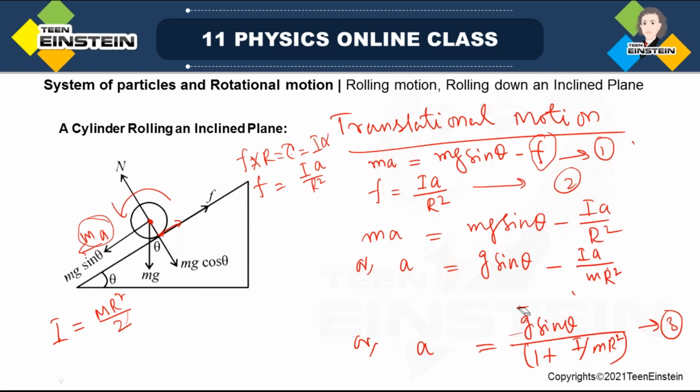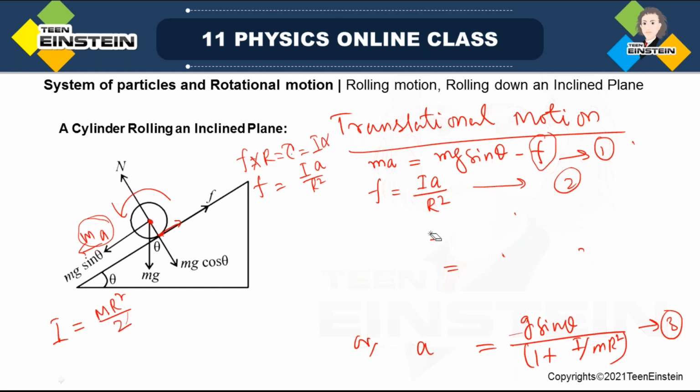In between, I'll clear out these steps and write equation number 3 at this place. So I'm just writing here g sine theta over 1 plus I over small m r square.